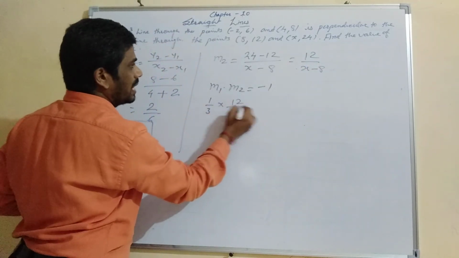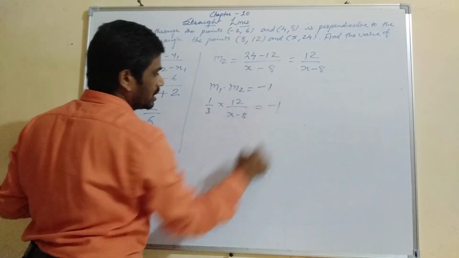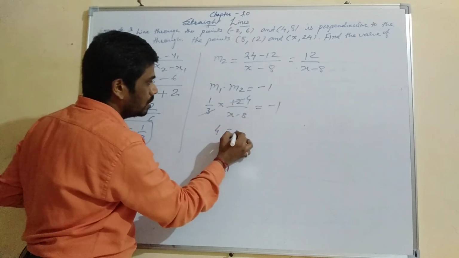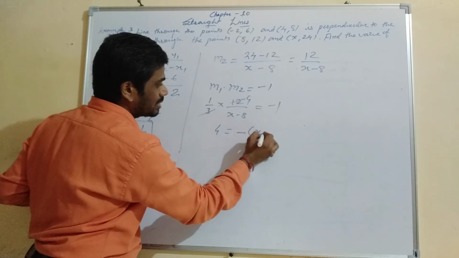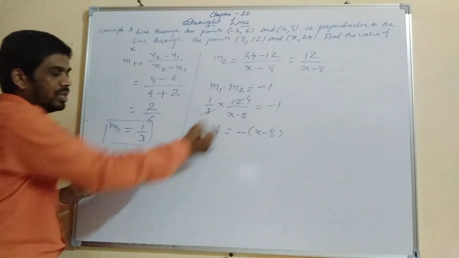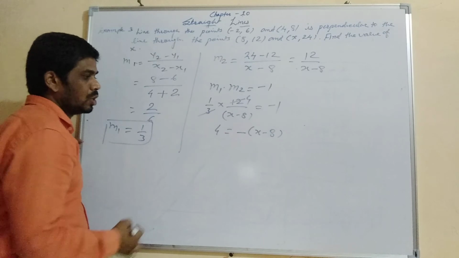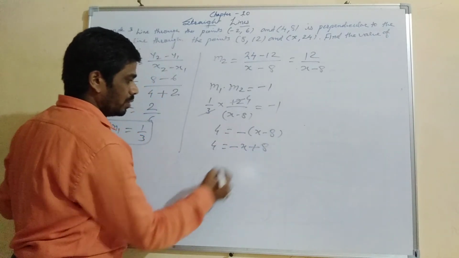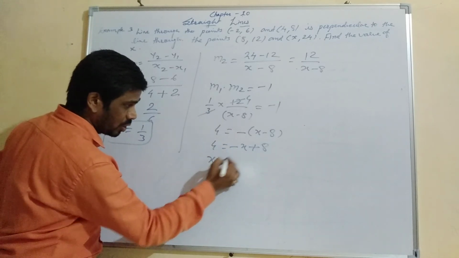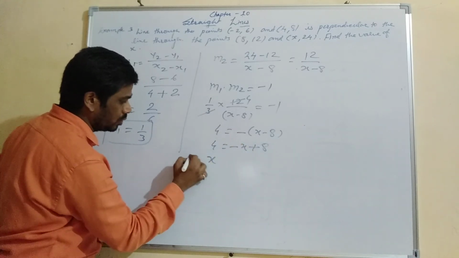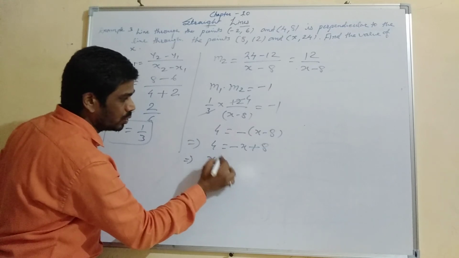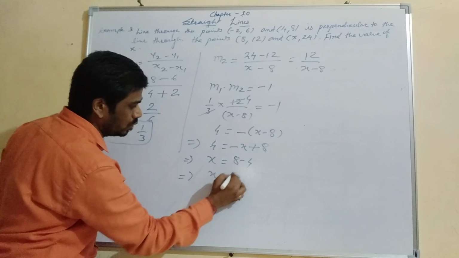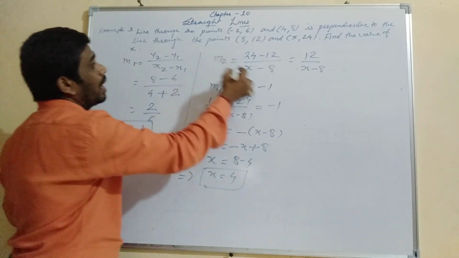So 12 upon x minus 8 equal to minus 1. 3 1s are 3, 3 4s are 12, which means 4 equals minus 1 times the bracket x minus 8. So it will be 4 equal to minus x plus 8. We will shift minus x to this side to make it positive, and shift the 4 to that side. So x equals 8 minus 4, so x will be equal to 4, and this is the value of x.